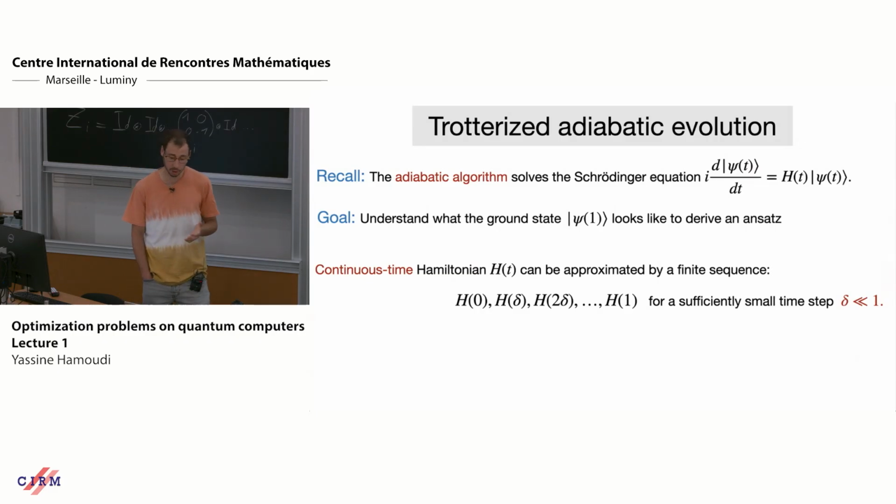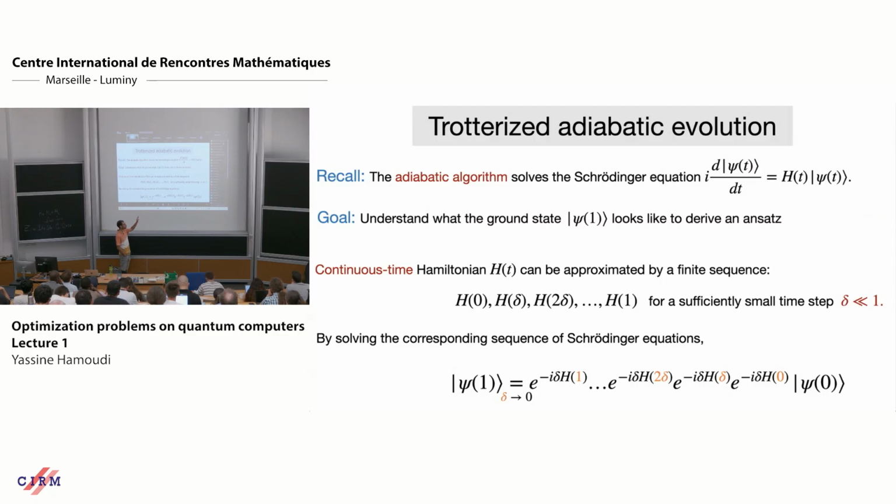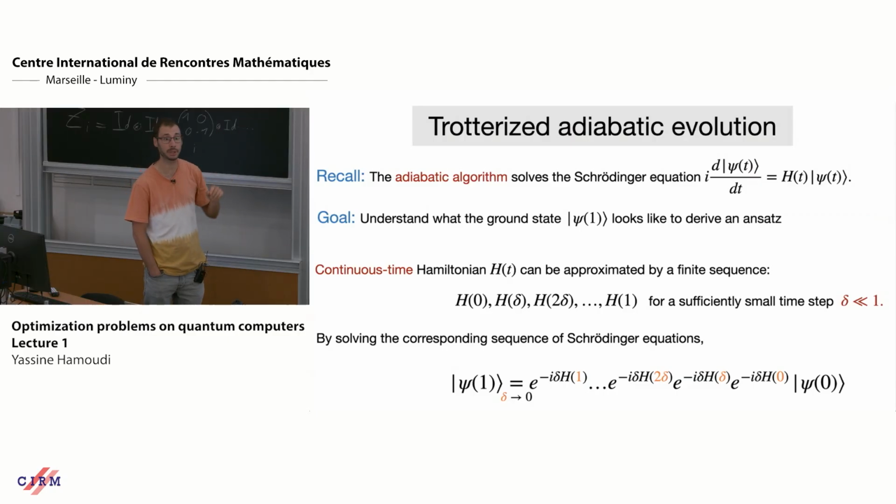Now, if we solve the Schrödinger equation for each individual Hamiltonian, then we can easily prove that the ground state is equal to the product of the unitary evolution for each of the individual Hamiltonians when delta goes to 0. So if delta is very close to 0, this will exactly return the same state as if we solve the original time-dependent equation.